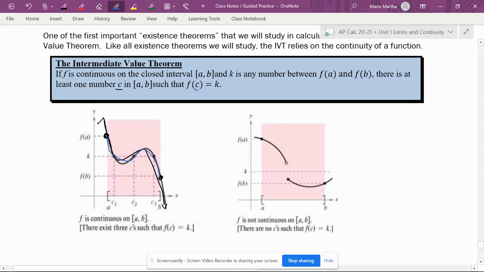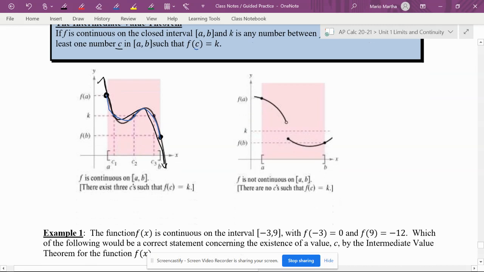If the function is not continuous, then we cannot make that statement; it is automatically false if it's not continuous. We'll see some examples where this is clearly shown.